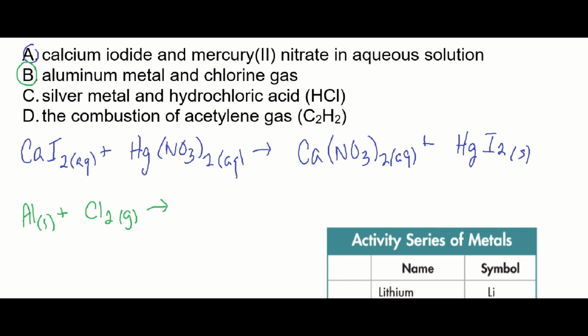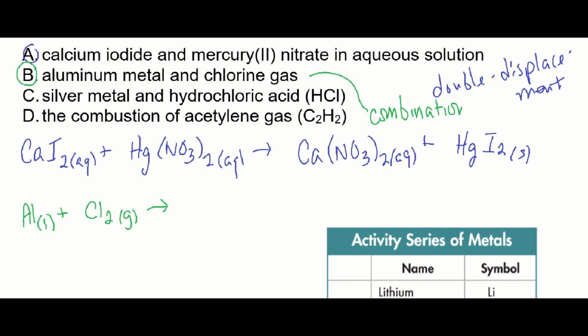By the way, part A, we want to classify this as a double displacement, also known as a double replacement reaction. Specifically, this one is known as a precipitation reaction. Now part B, this is a combination reaction, also known as a synthesis reaction.